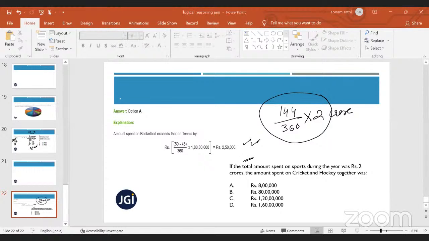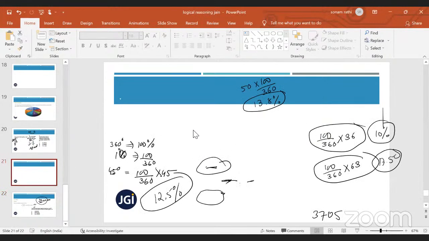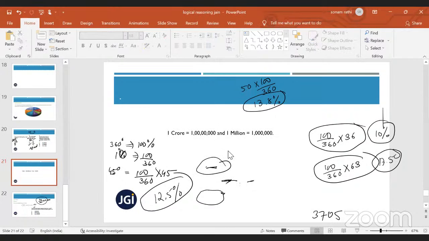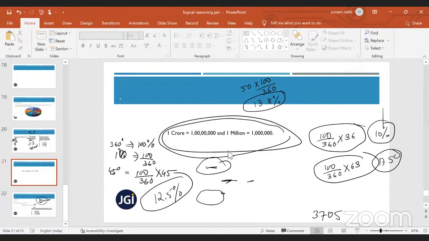See how many zeros? 1, 2, 3, 4, 5, 6, 7.